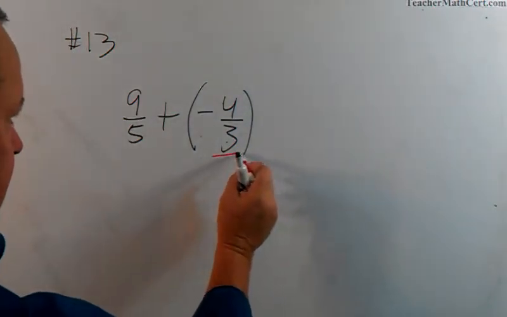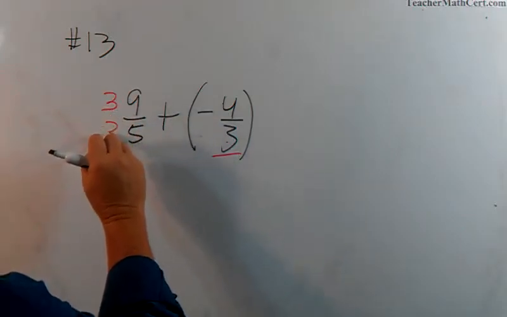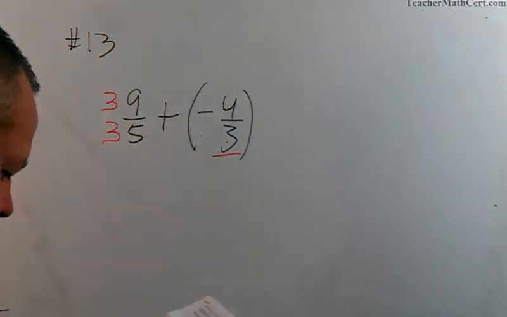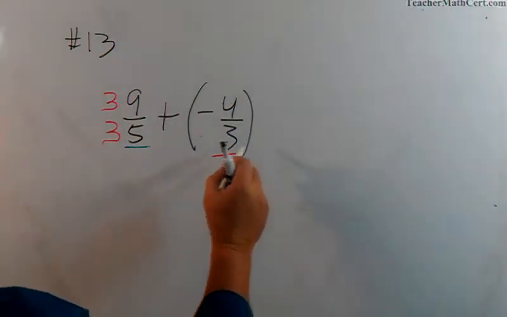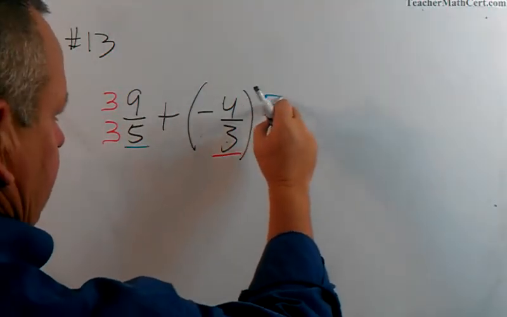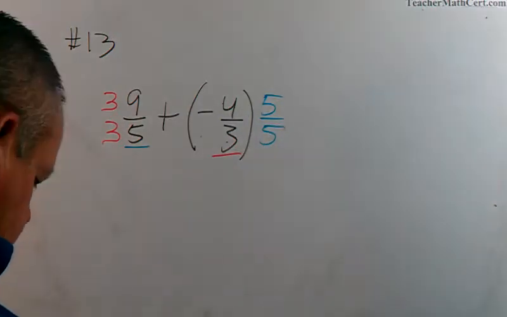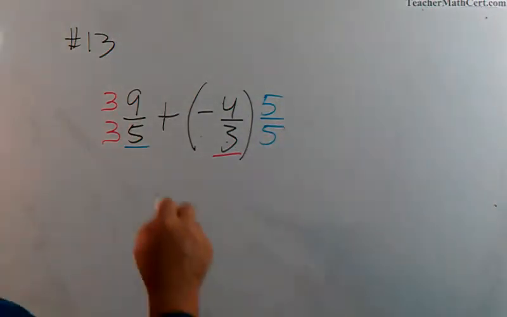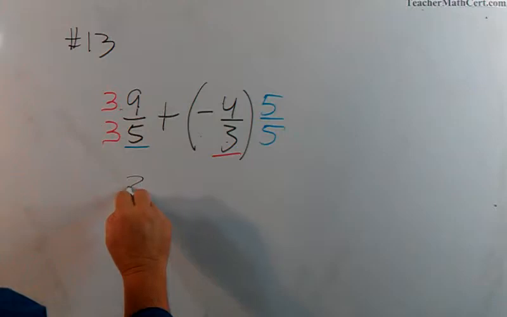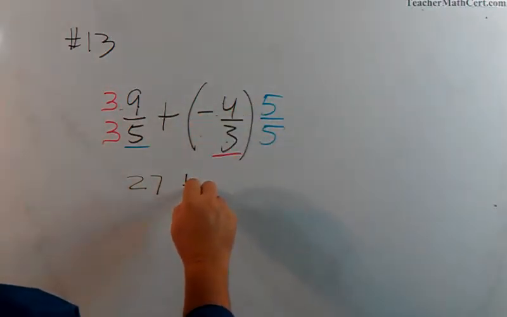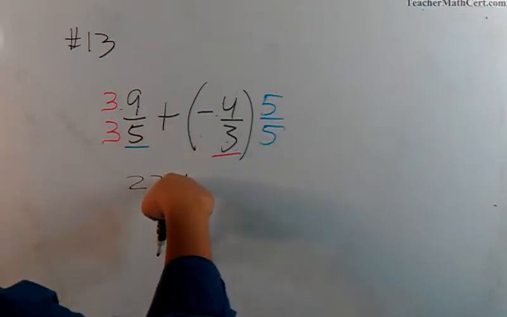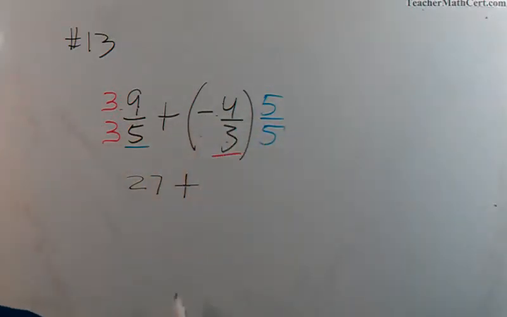Take this 3, cross multiply, numerator and denominator. Take this 5, cross multiply, numerator and denominator, right? 3 times 9, 27. Negative 4, that's going to be a plus right here, but this is going to be a negative.